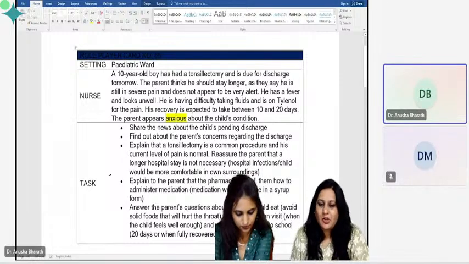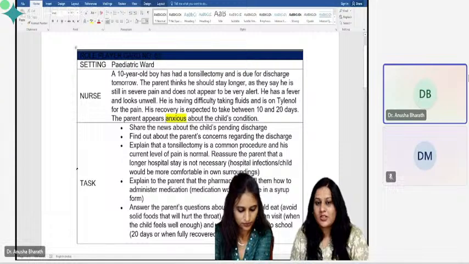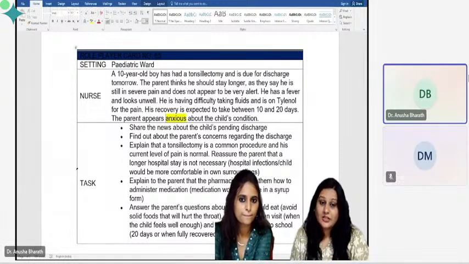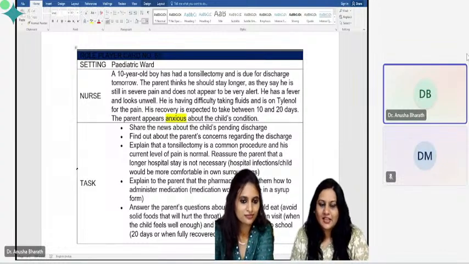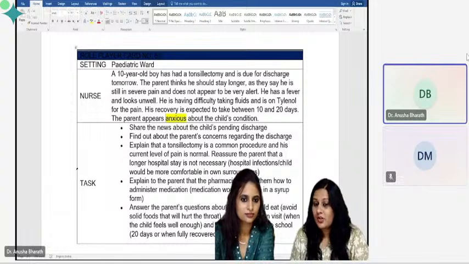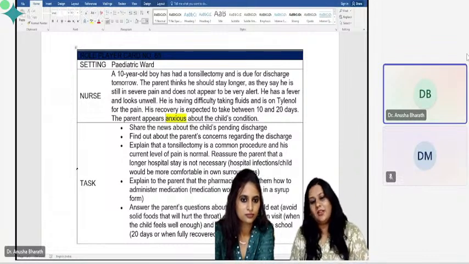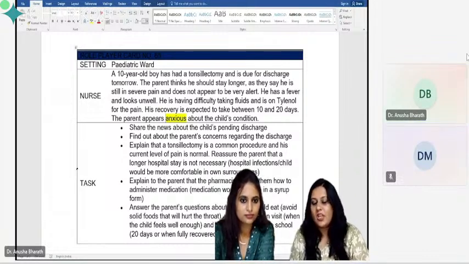So the task prompts go like this. The first thing says: share the news about the child's pending discharge, find out about the parent's concerns regarding the discharge, and explain that a tonsillectomy is a common procedure and his current level of pain is normal. Reassure the parent that a longer hospital stay is not necessary. Hospital infections, you can talk about; the child would be more comfortable in his own surroundings.